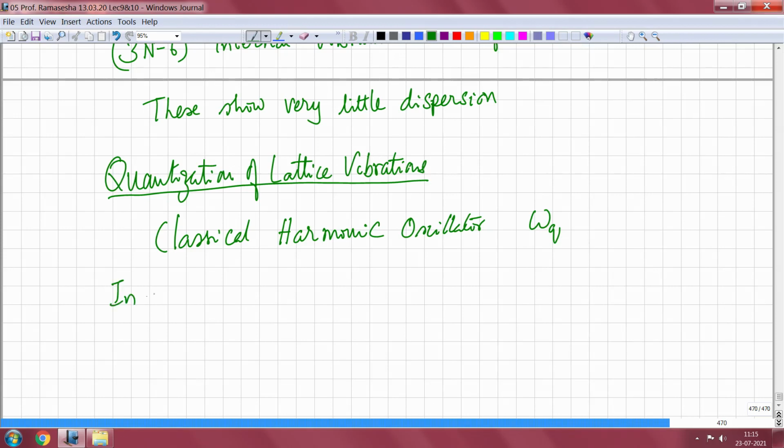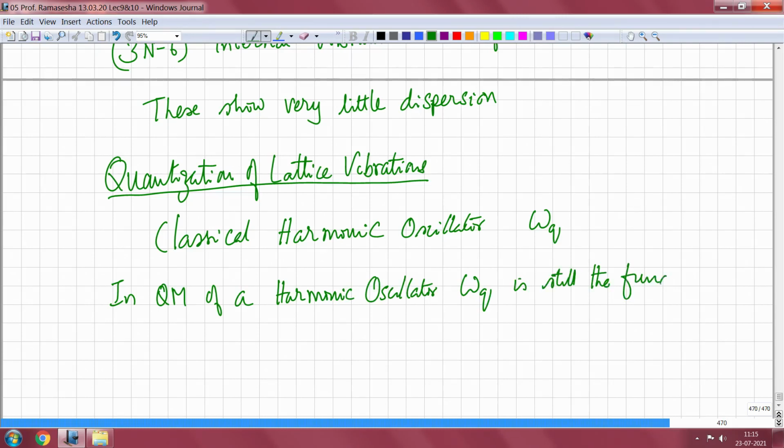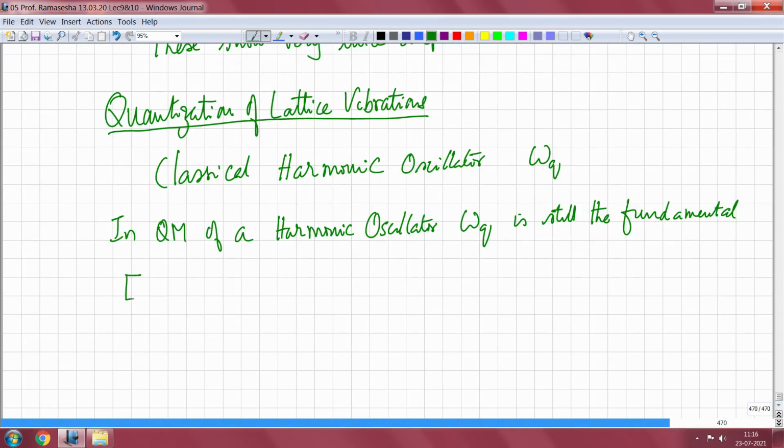Now in quantum mechanics of a harmonic oscillator, omega q continues to be the fundamental frequency, because if you were to solve a Schrodinger equation corresponding to the Hamiltonian of the harmonic oscillator, then you will get eigenstates as the Hermite polynomials and the eigenvalues as expressed in terms of the fundamental frequency omega q, which is basically root k by m for a harmonic oscillator.